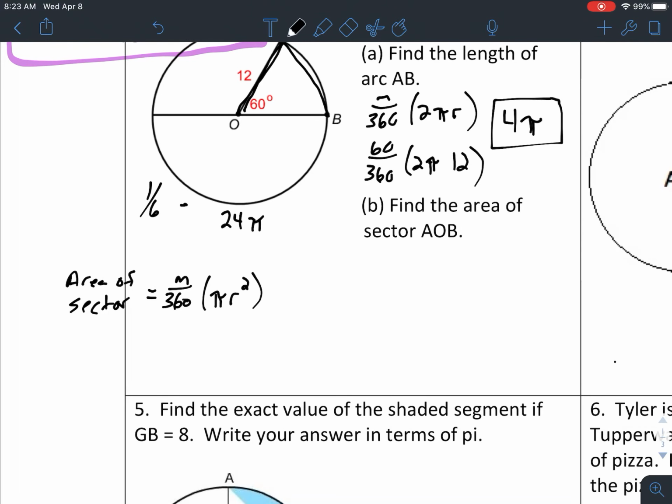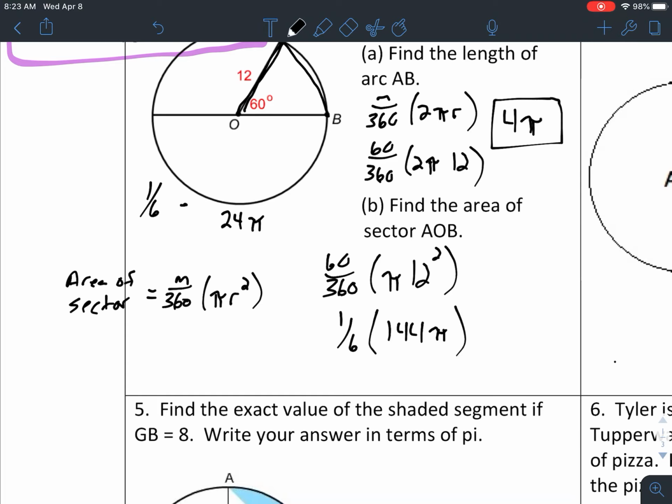So we know 60 over 360 and pi 12 squared. We know 60 over 360 leaves us with 1/6. And then we're going to times 12 by 12, or 12 squared, which comes out to be 144 pi.